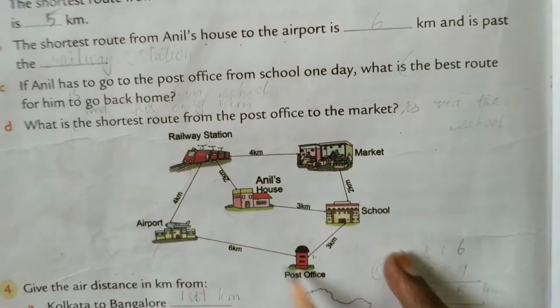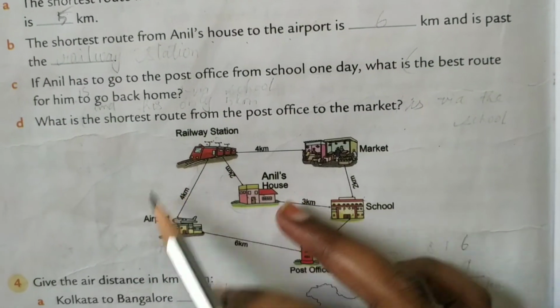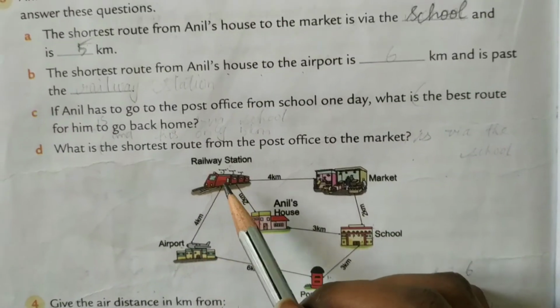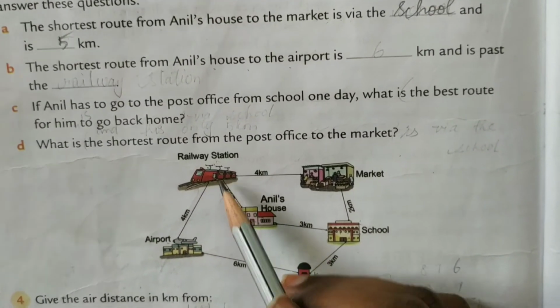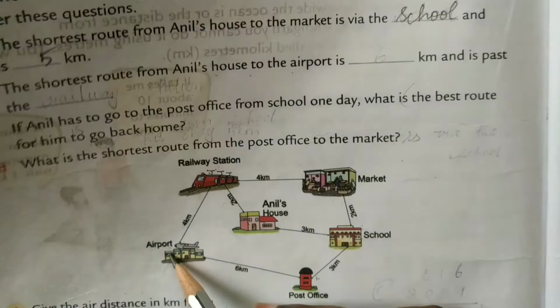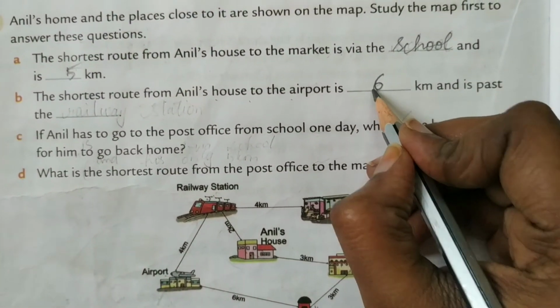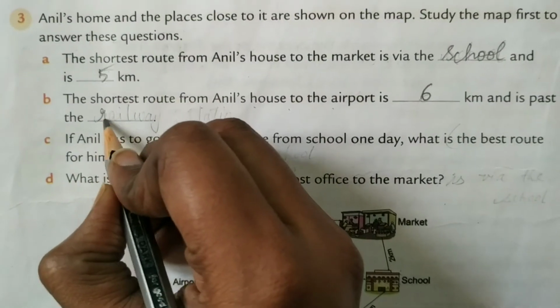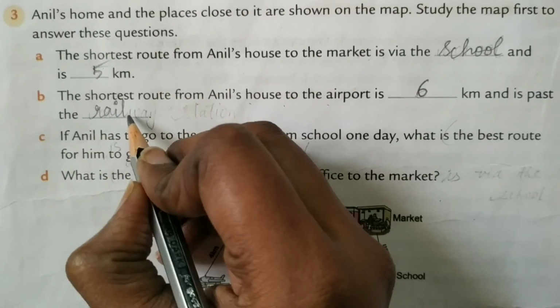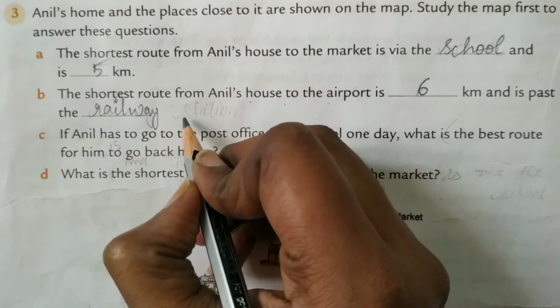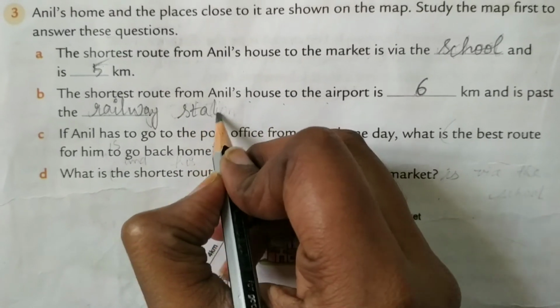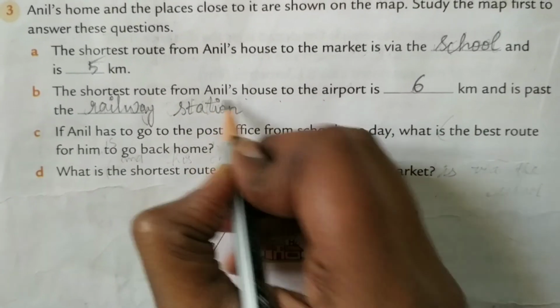So this is a very long route, and this is the shorter route. So he has to go via the railway station and the total is 6 kilometers to reach the airport. Okay, so here the distance is 6 kilometers and he has to go through the railway station.